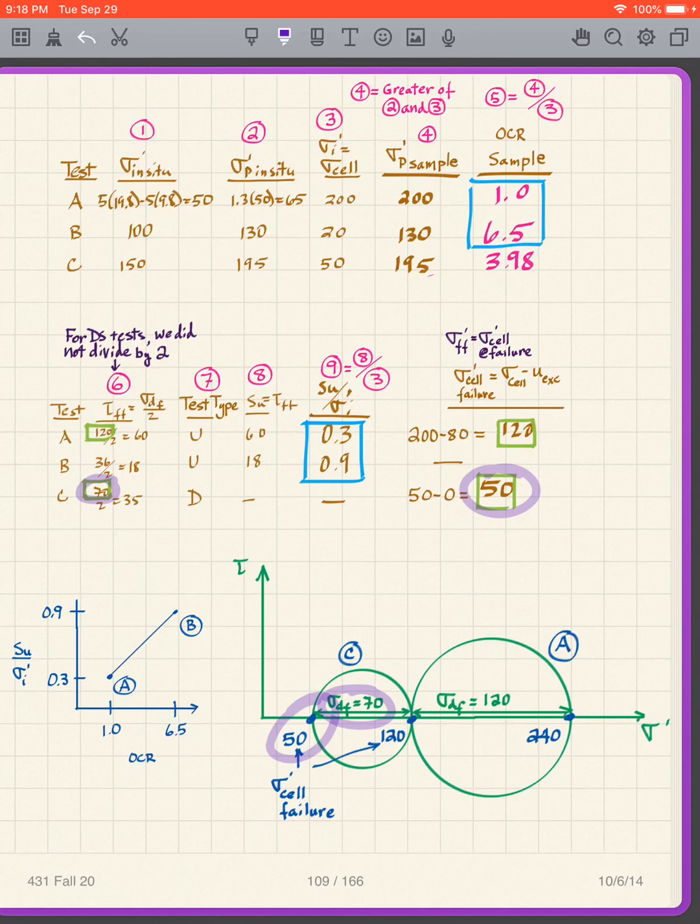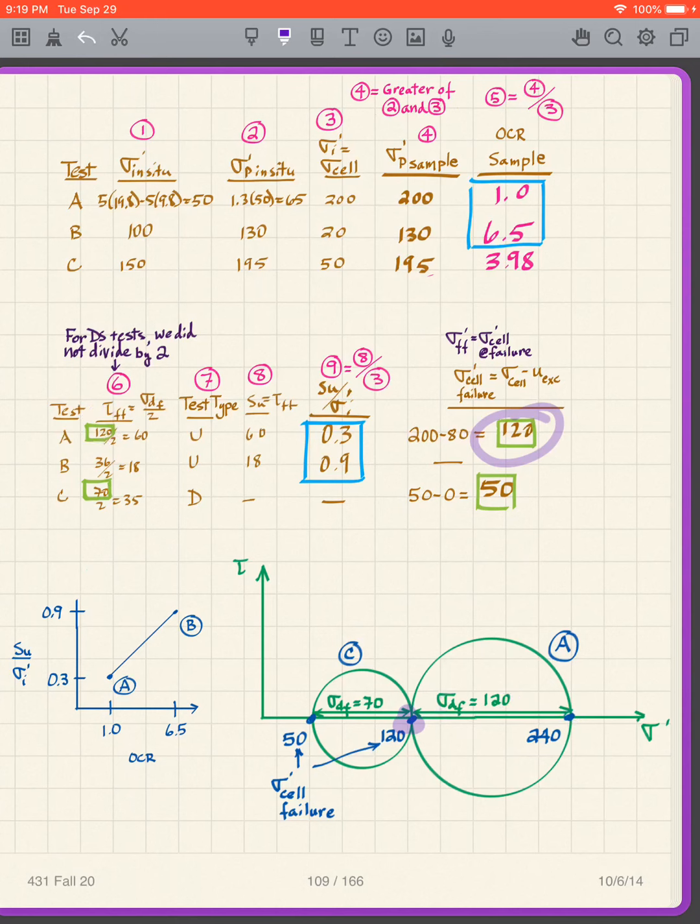So that gives me, this is the circle for C. For the other one, by coincidence, that's 120, so that's also at that point. And then my sigma deviator is 120, that means the diameter of the circle is 120, and so I add that together, I get 240.